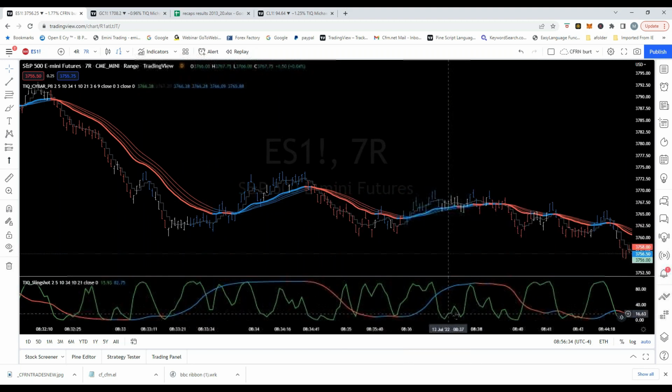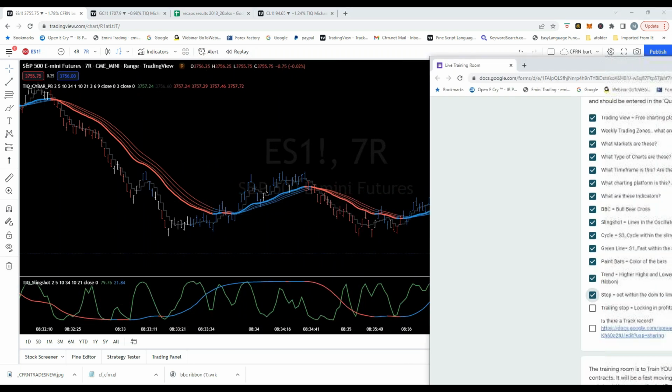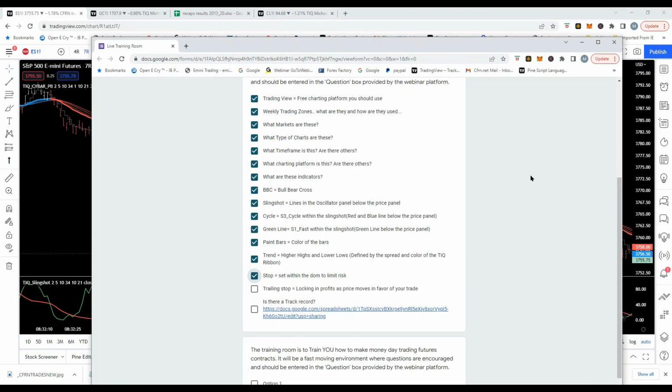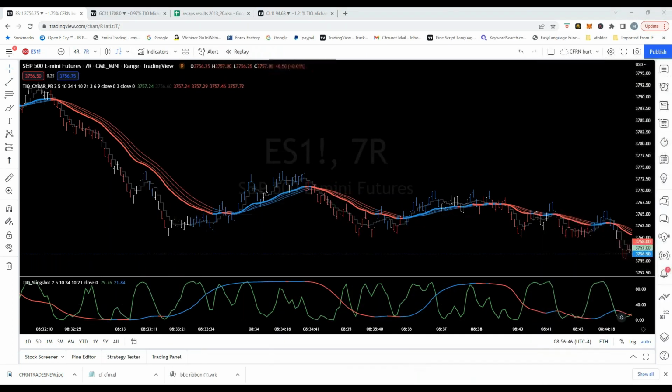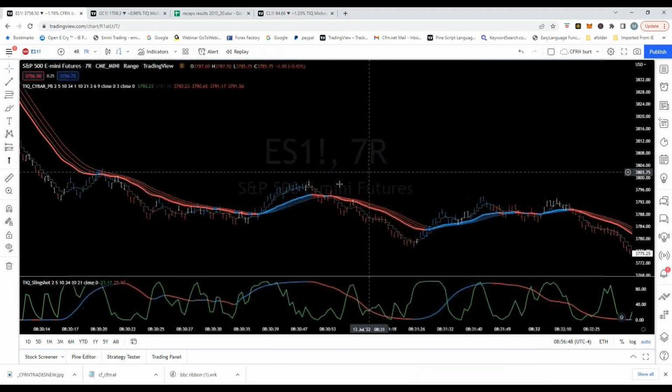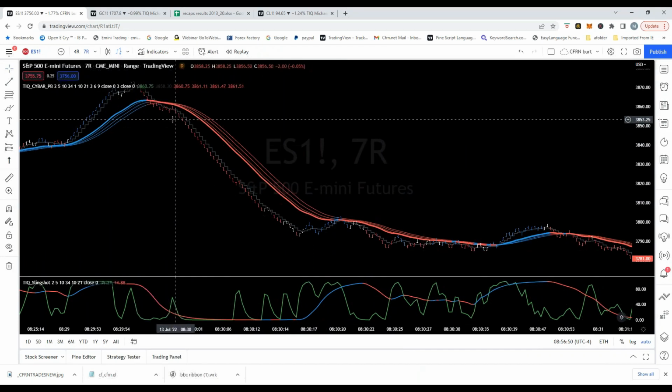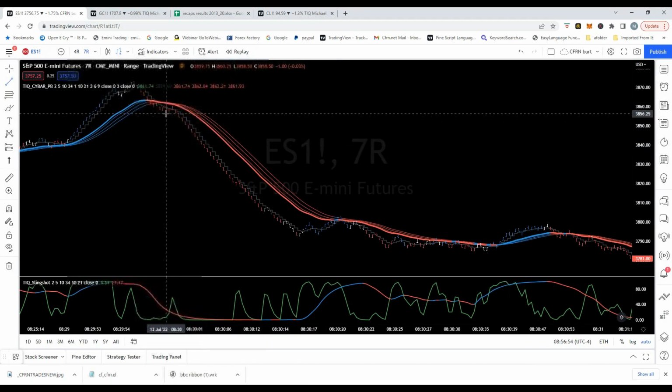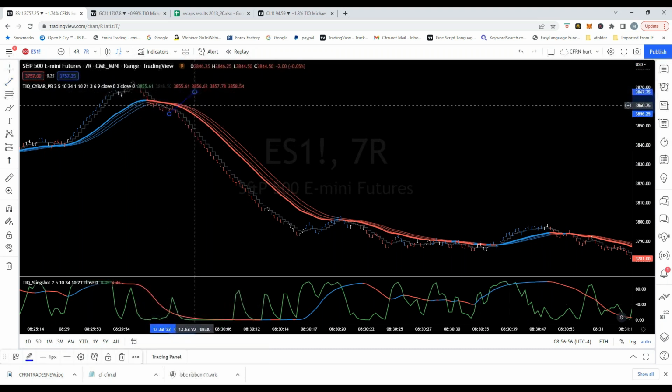As the green line approaches the cycle, you want to trail your stop very close to price. I typically don't put targets on my trades. Okay, I don't put targets on my trades on purpose, because a lot of times you're going to get into something like this craziness that happened here at 8:30. You get into a trade like this where you go short right here, and the reason to go short right here was it was a trend line trade.